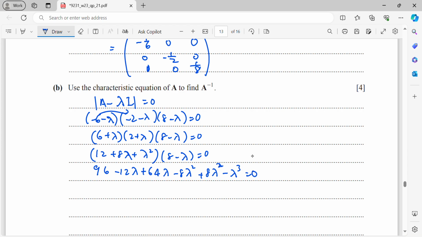Then basically you are getting minus lambda cubed plus 52 lambda plus 96 equals 0.